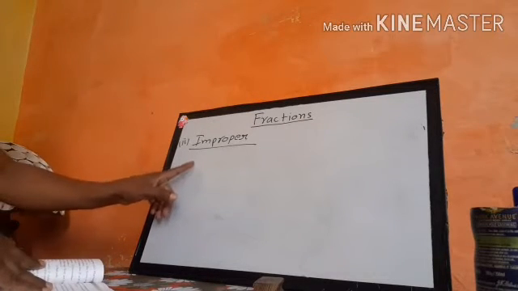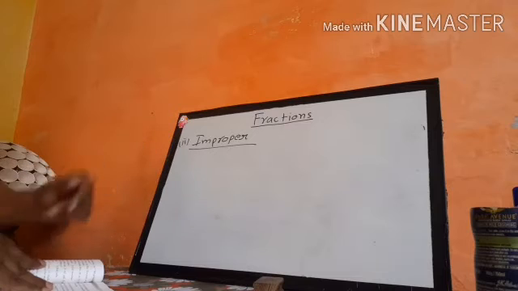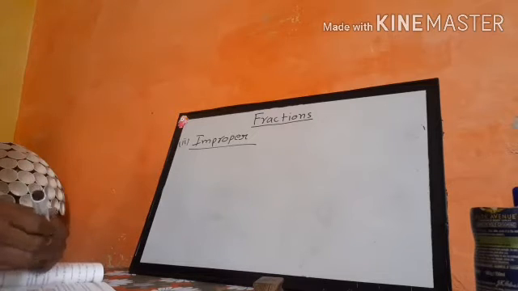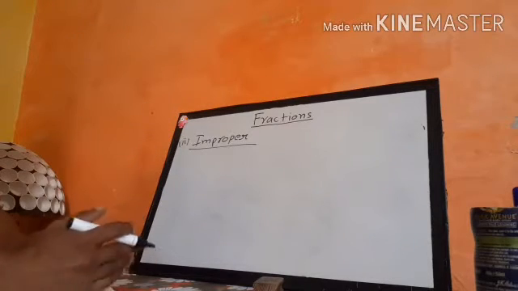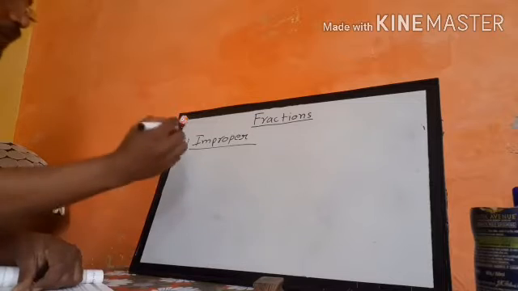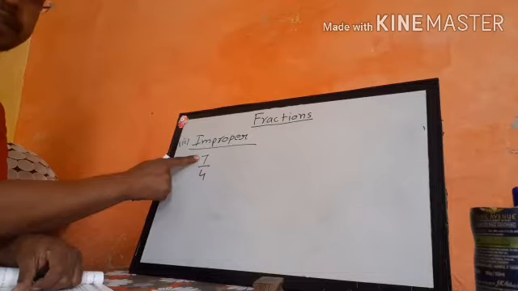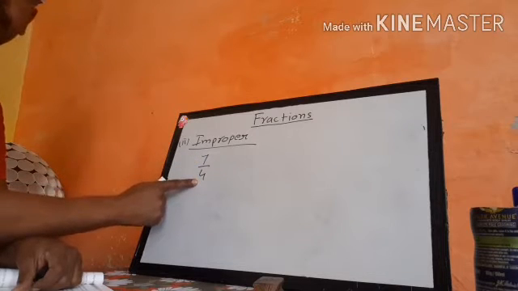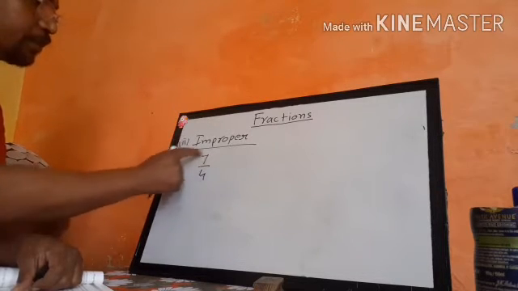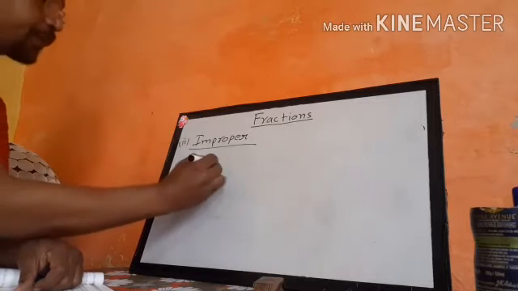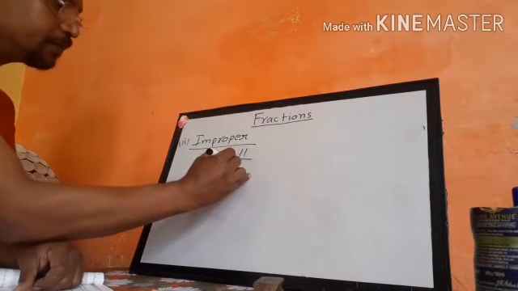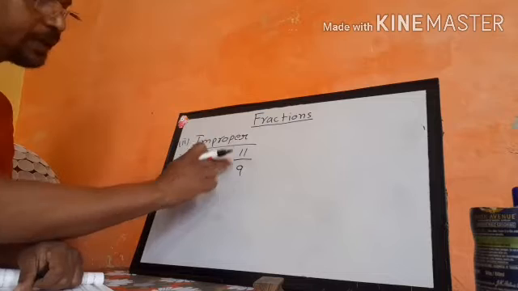The second category is improper fractions. Improper fractions are those fractions whose numerator is greater than the denominator. For example, 7 upon 4. Here the numerator is greater than the denominator, that is 4. So it is an improper fraction. One more example, 11 upon 9.